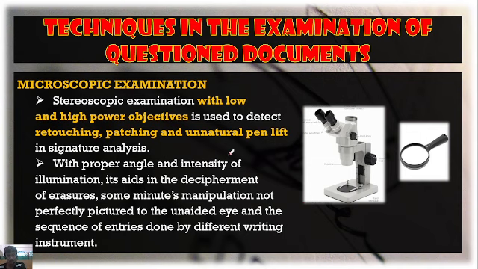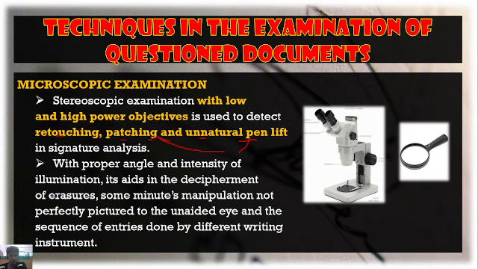It is very much useful when it comes to detecting retouching, patching, and of course unnatural pen lift, because those are common signs of forged documents, or maybe traced forgery, or simulated forgery of signature, right? So that is for microscopic.